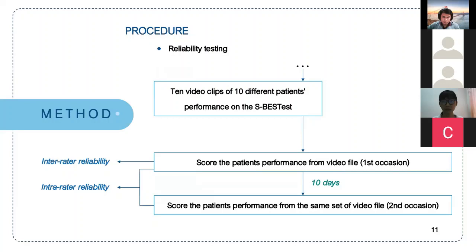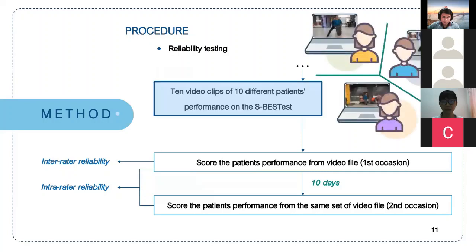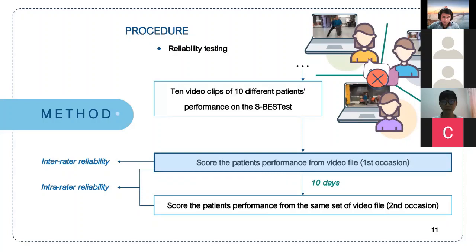The second step, reliability testing. The raters were asked to watch and score the performance on the video clips within the same time limit. The raters did not discuss the scores or patient performance. Raters scored each patient's performance from the same set of video clips on two separate occasions.